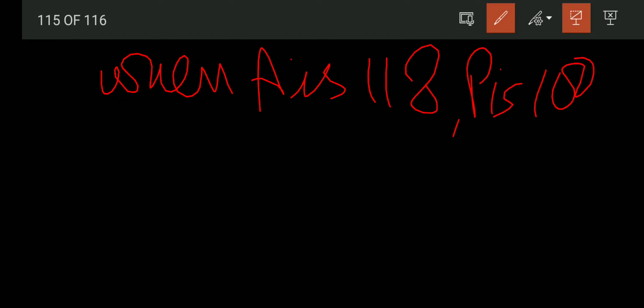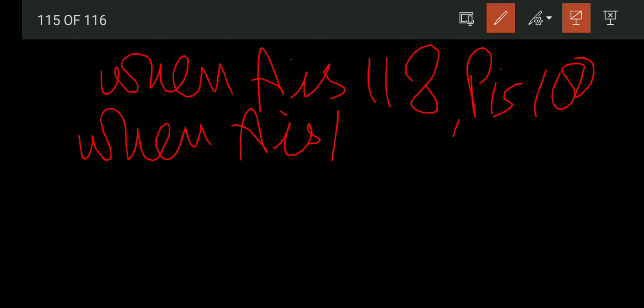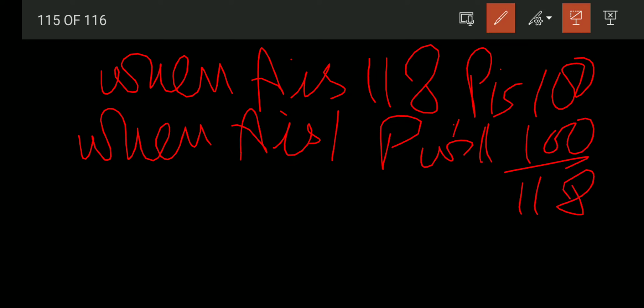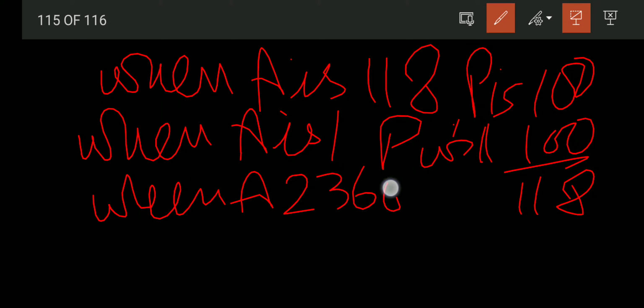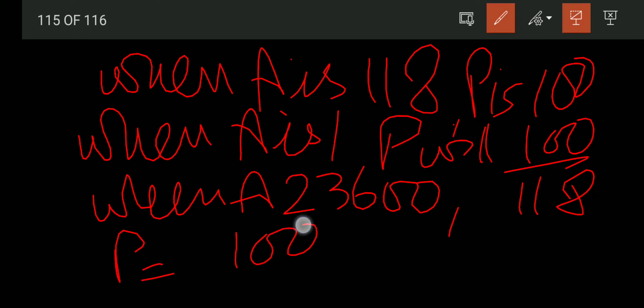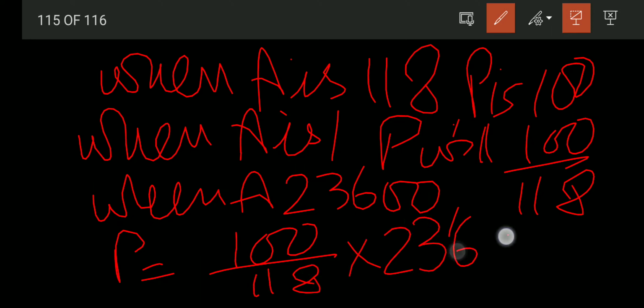When amount is 1 rupee, what would be the principal? Principal will be 100 by 118. When amount is the given amount, that is 23,600, then what would be principal? Principal will be 100 by 118 into 23,600.